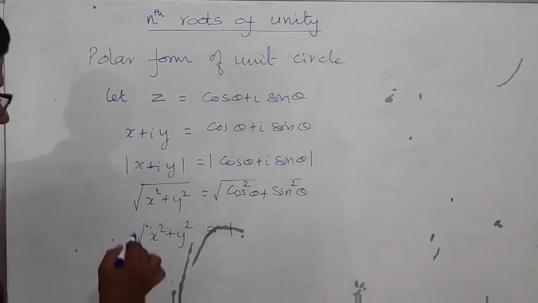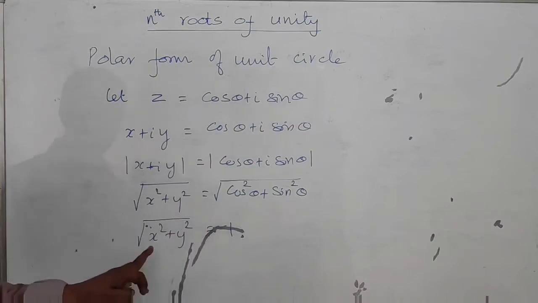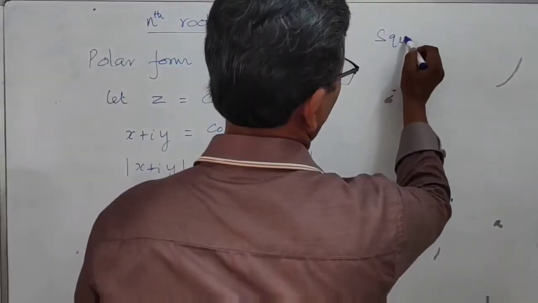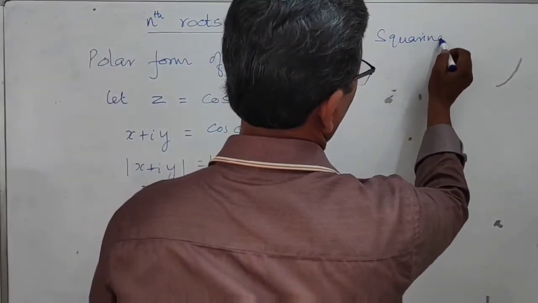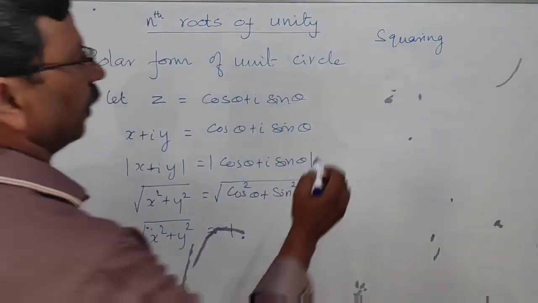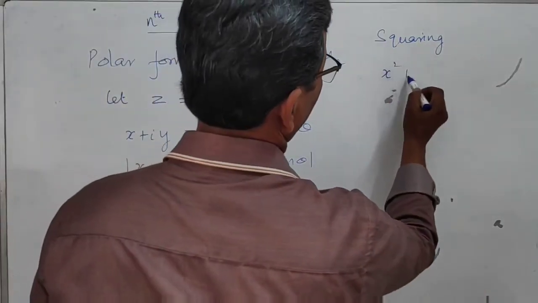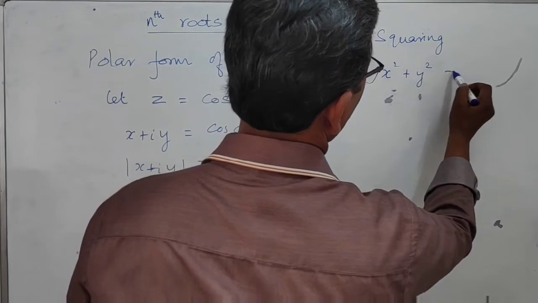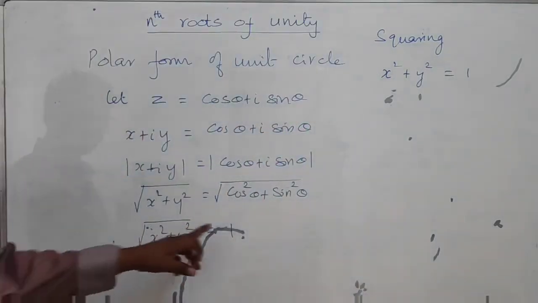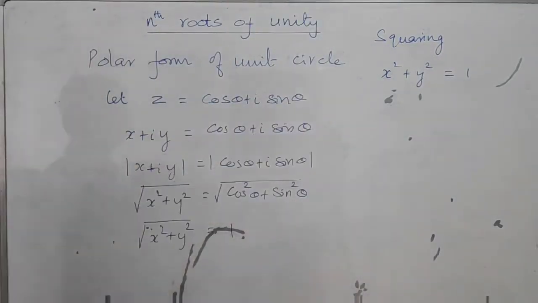Root 1 is equal to 1. Therefore root of x square plus y square is equal to 1. Squaring on both sides, we get x square plus y square is equal to 1.